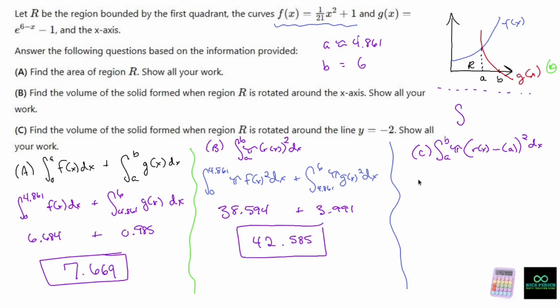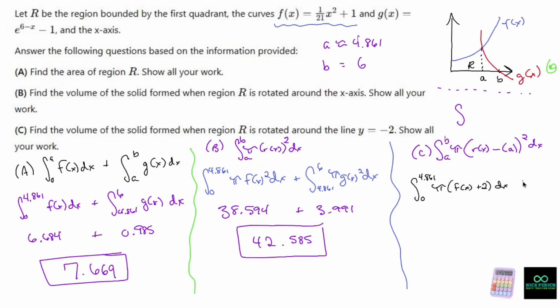So what that's going to look like here is I'm going to have an integral from 0 to 4.861 of pi f of x minus -2, or plus 2, dx.